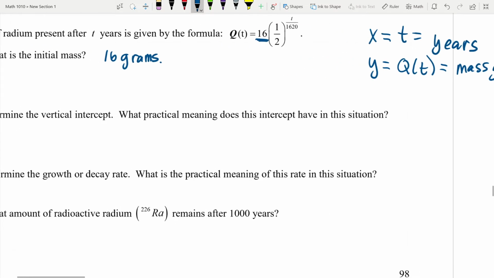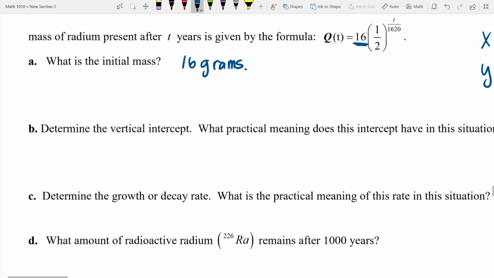Okay, let's say you forgot that, because I think most of you did. If it's the beginning, everybody write T is 0. No time has passed if it's the beginning. I want everyone to write this down, okay? So write Q of 0 is equal to 16 times, instead of 1/2, I'm going to put 0.5 because they're exactly the same, and then it's 0 over 1620.